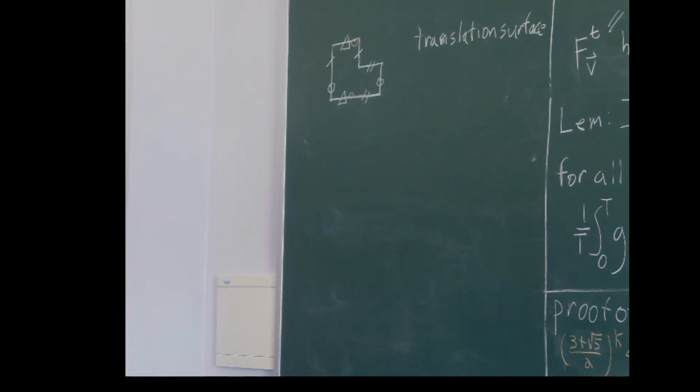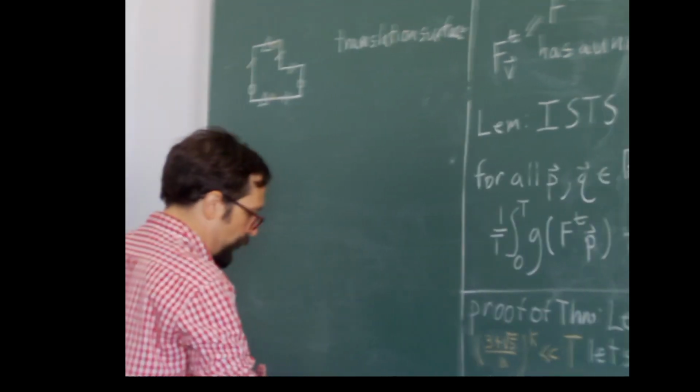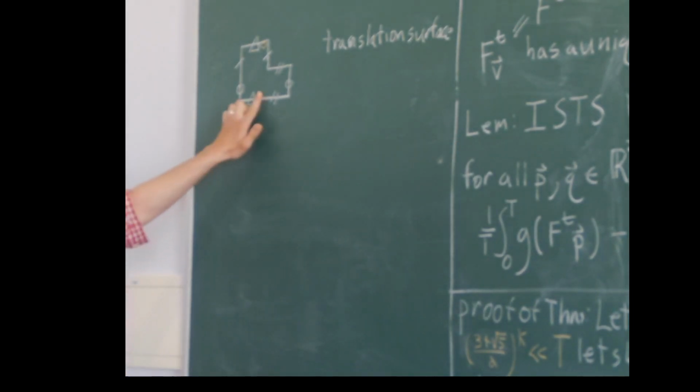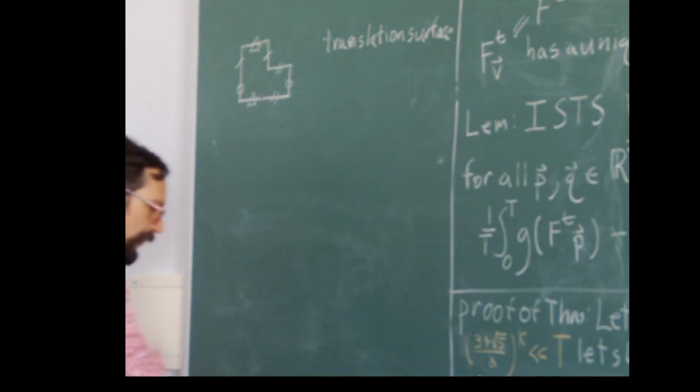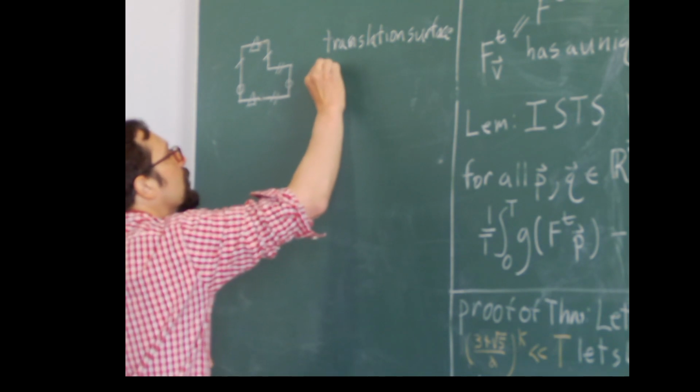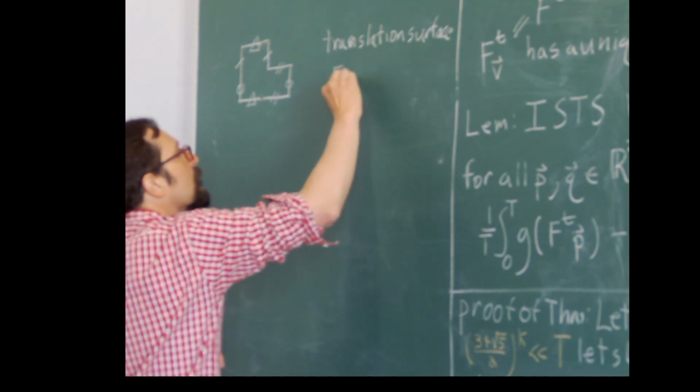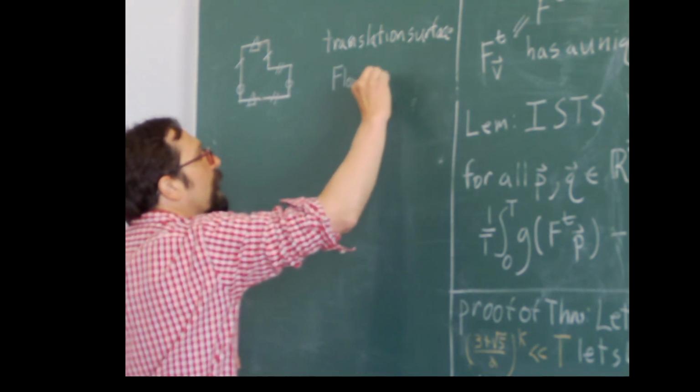And what I can do is have a flow in every direction on this object. So it admits a translation flow in each direction.